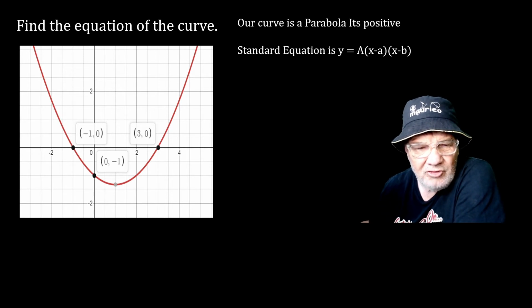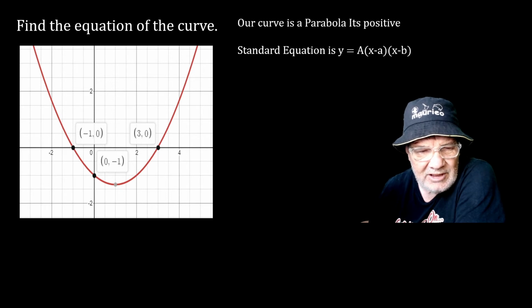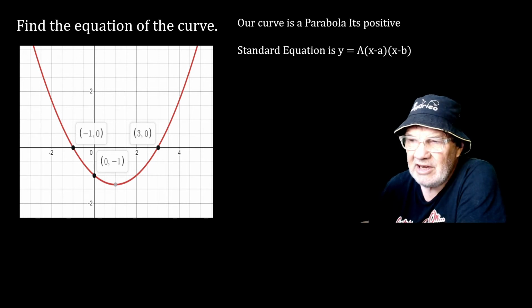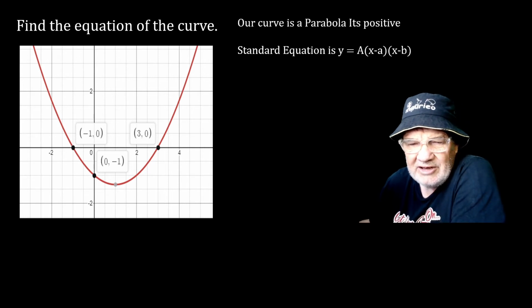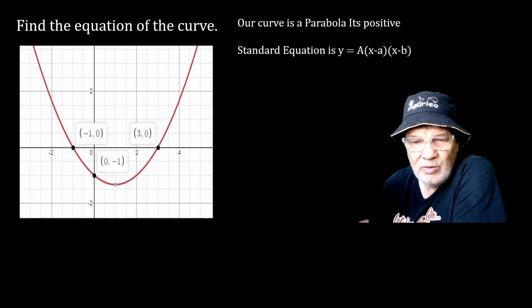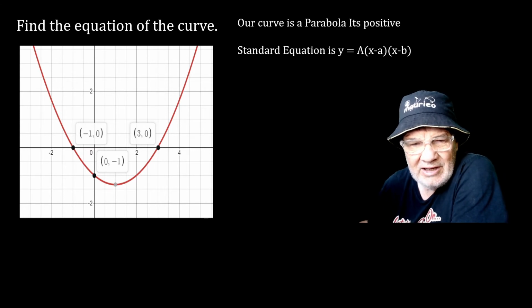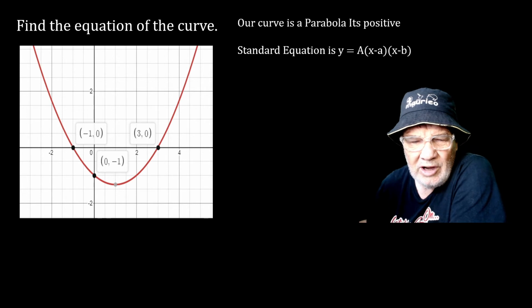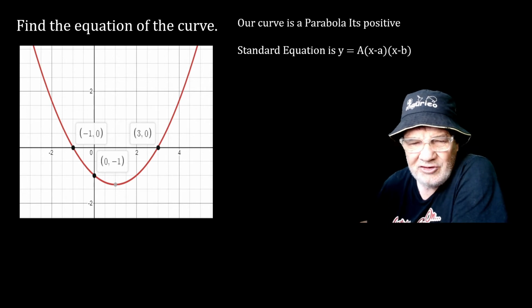So it is possible that the parabola could be above the x-axis and not intersect the x-axis at all. And in that case, we say it has no real roots. And we do have a different form of the equation that we can use for that one. But obviously, this one here doesn't quite cut the mustard.